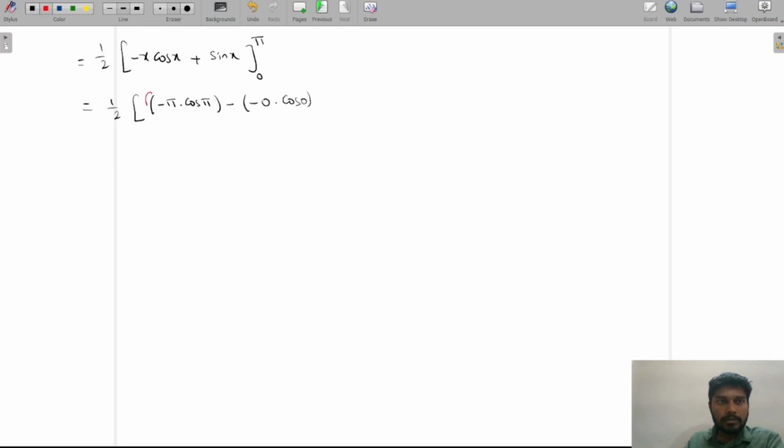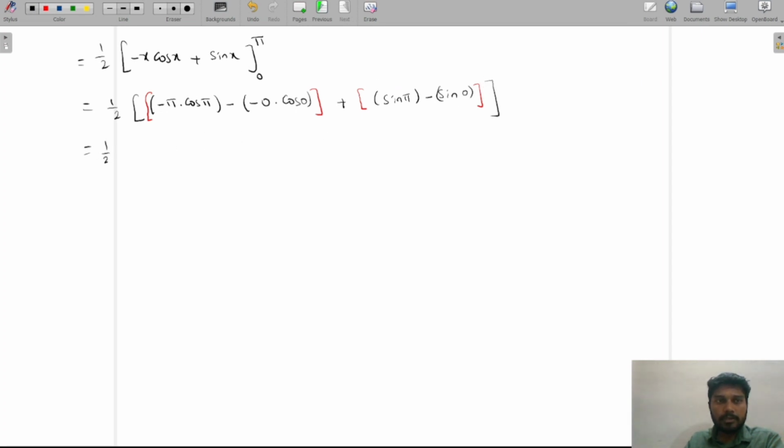So for this I open the bracket and close the bracket. Okay, now plus. Now again the main bracket is open for sine, substituting upper limit sin pi minus substituting lower limit 0, sin 0, and this bracket is over and the final bracket is over.